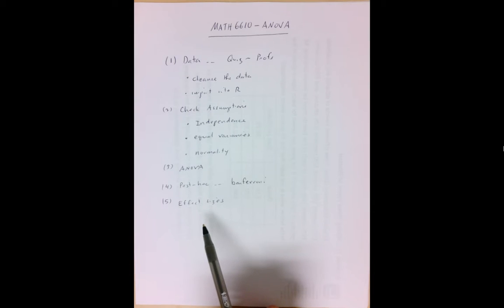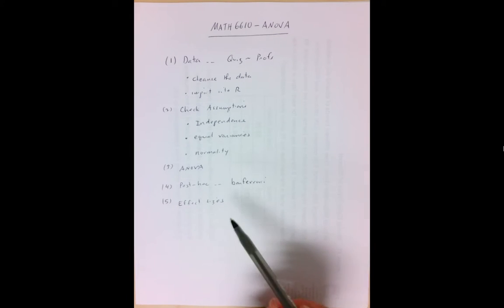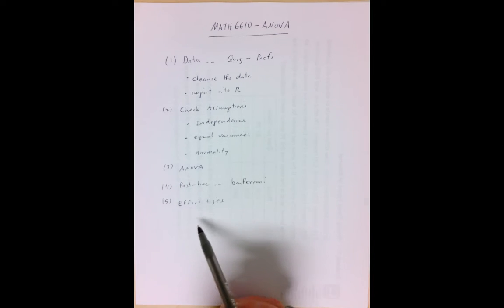I noticed my last group, what I call the 2012 cohort, when they were doing their statistical analysis, if they ran into an ANOVA, they'd get online and start searching up how to do an ANOVA. I'm like, dude, I taught you how to do that in 6610. Why are you wasting your time?